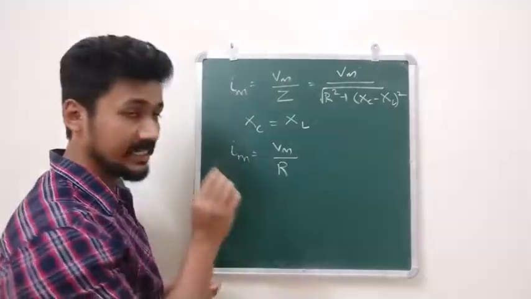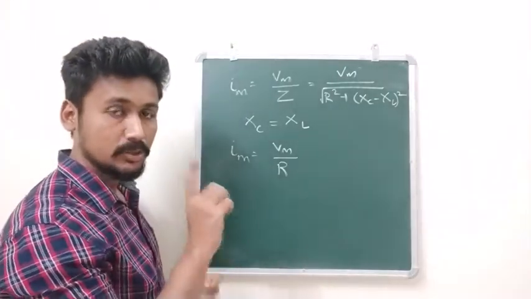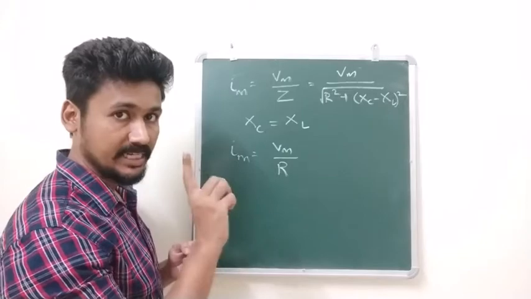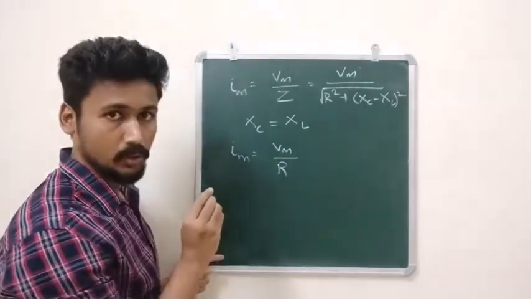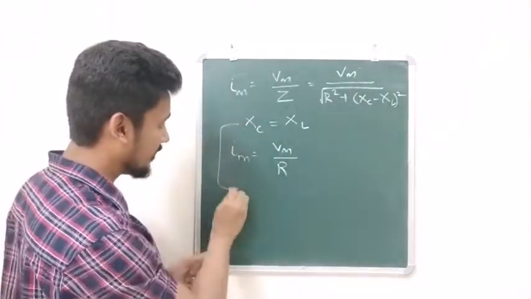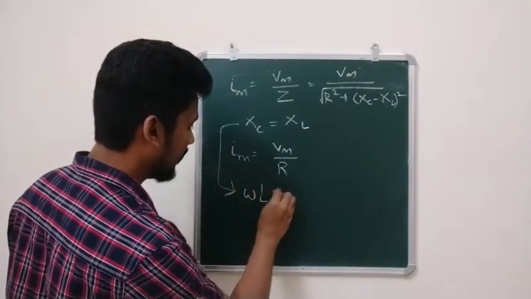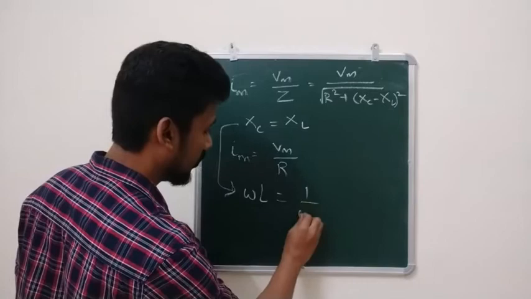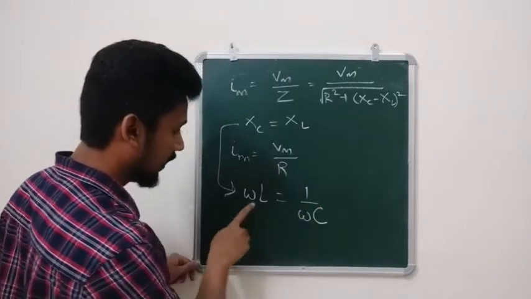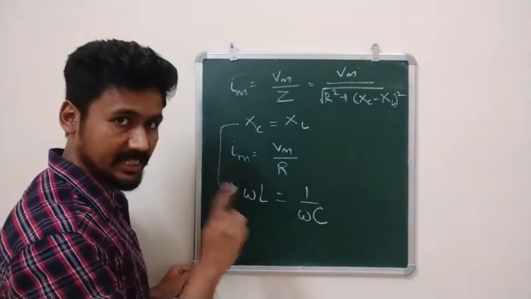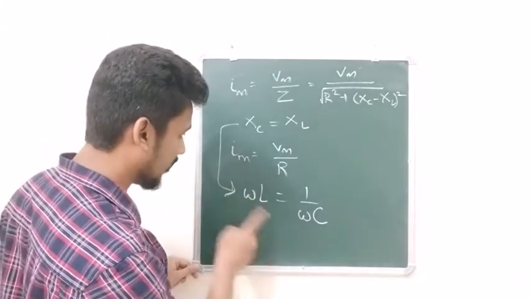So the resonant frequency is the frequency at which Xc becomes equal to XL, or we can say ωL becomes equal to 1/ωC. The frequency at which this takes place is termed the resonant frequency.